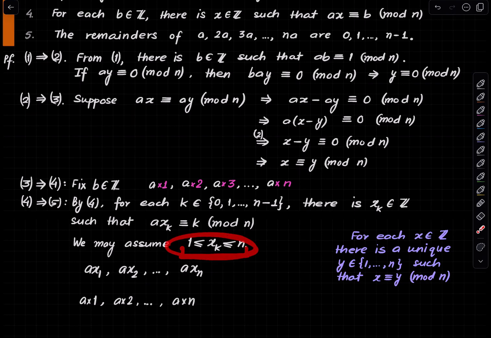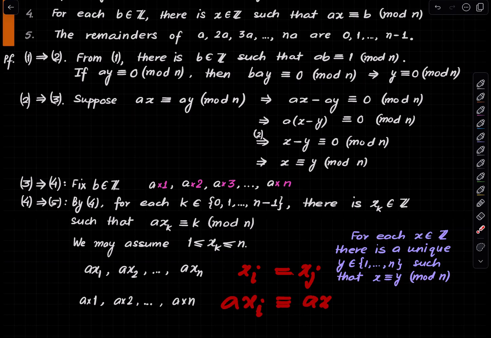Even after you constrain them to lie in this range, xi and xj cannot be the same, because were they the same, axi would be congruent to axj modulo n, but that would mean i is congruent to j modulo n, right? So for different i and j, xi and xj are different, right? So the list of numbers x1, x2 up to xn is just a permutation of this list, 1, 2 up to n.